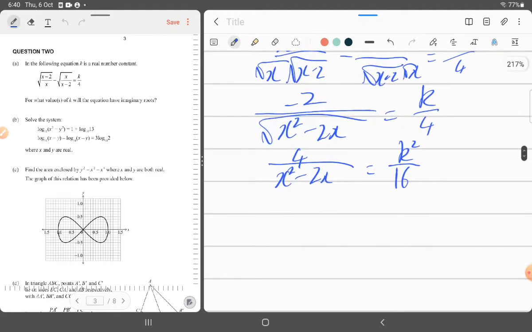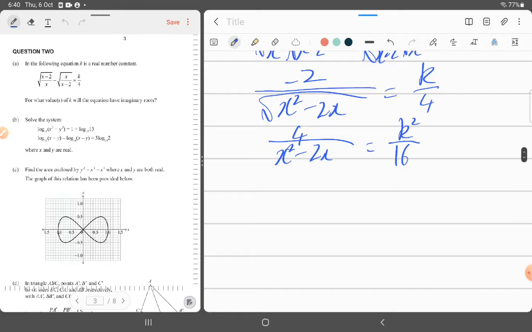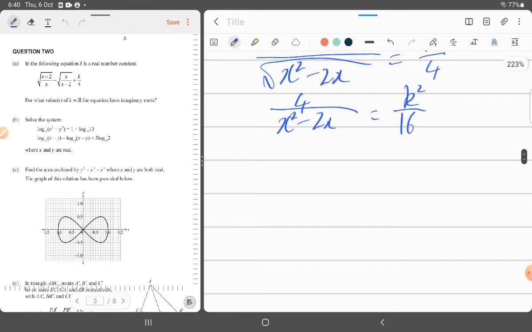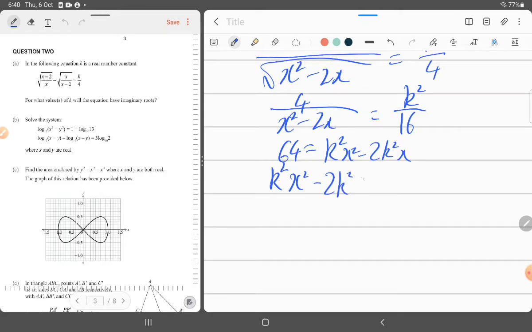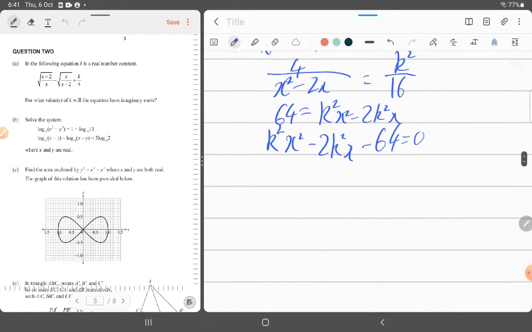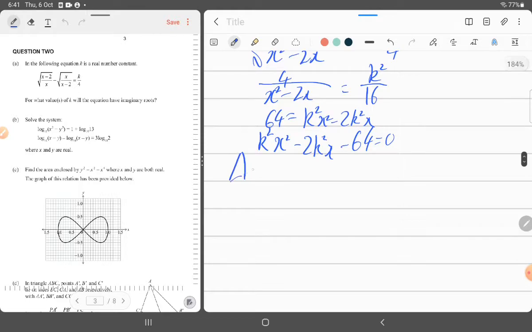What values of k? 16 times 4 is 64. 64 is equal to k squared. X squared take away 2k squared x, so k squared x squared take away 2k squared x take away 64 is equal to 0. Then we take the discriminant.